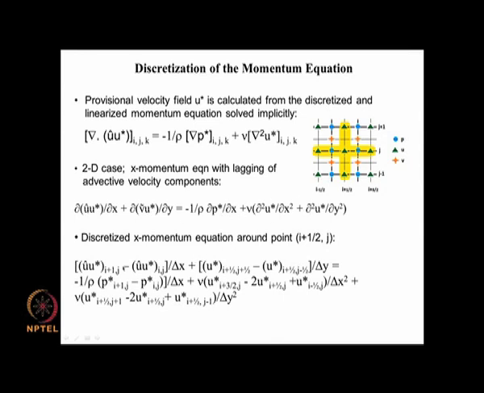So we can write this as U star at I plus 1 j minus U star at I j divided by delta x plus this should be... so we take this point here, this is at I plus half j, and then we make a control volume which is spreading over this half.